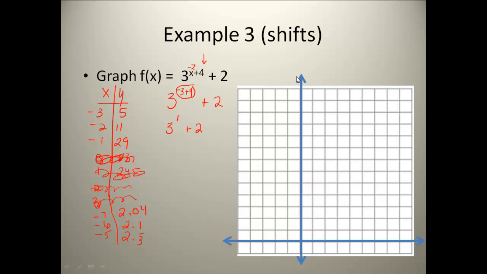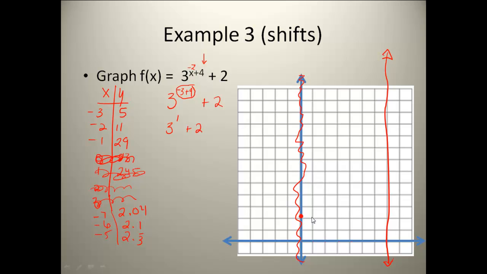I am actually going to move where my y-axis is. I'm not going to put my y-axis there anymore. I am going to put my y-axis clear over here, so I have more room on the negative side in quadrant 2. So now if I plot these points, if I go -7, so 1, 2, 3, -7 and then up to 2.04.